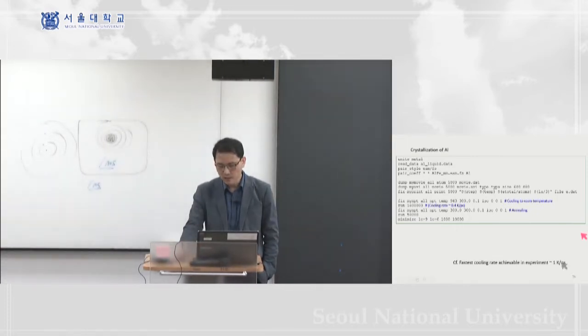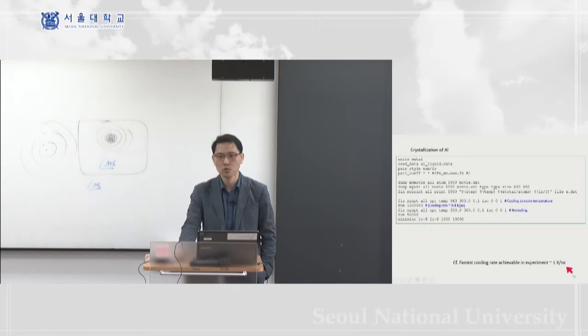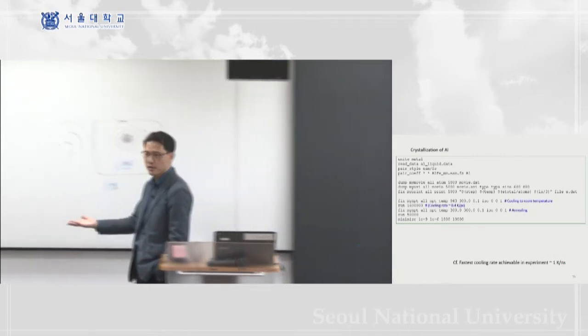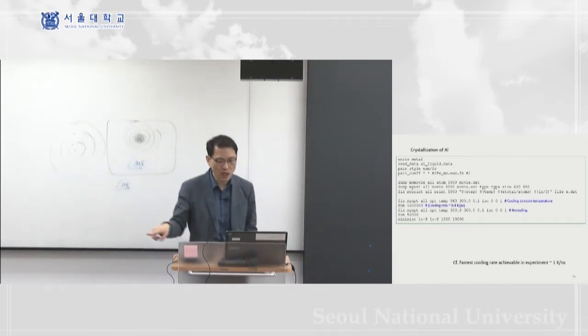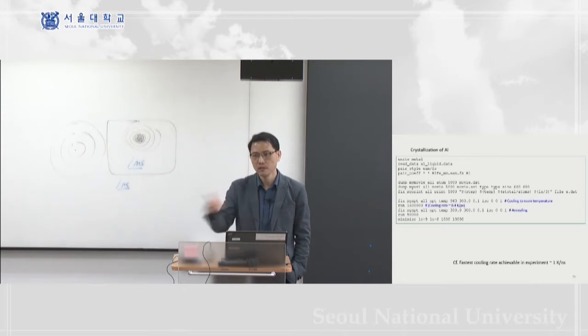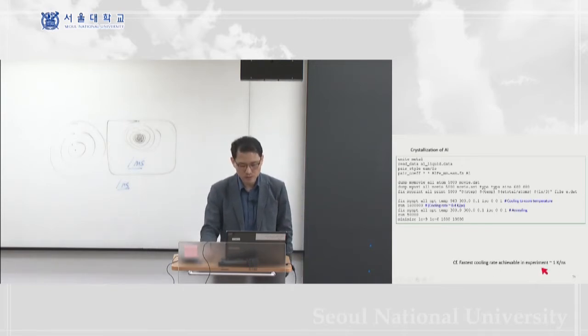However, still in terms of computational simulation, this is quite a slow cooling speed, because for our simulation, 1 nanosecond will take maybe several hours. So cooling down by 100 Kelvin at the fastest cooling rate in experiment, you would need at least several months of time.